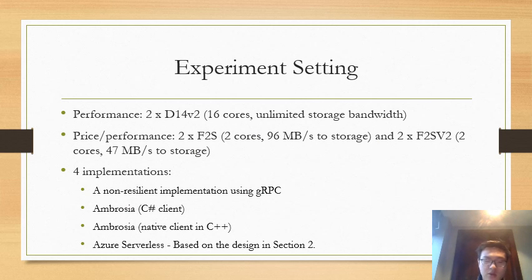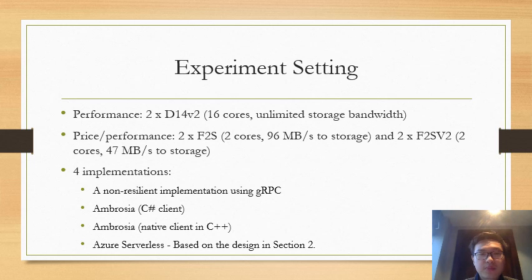Okay, now let's step into the experiments. Firstly, I have to talk about the experiment setting. The performance experiment is done in a D14 v2 machine, which has 16 cores and unlimited storage bandwidth.